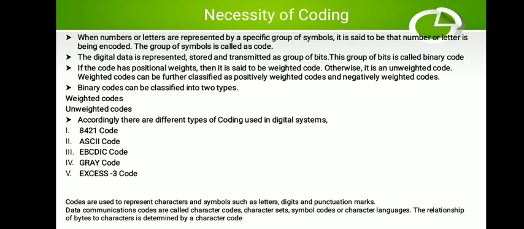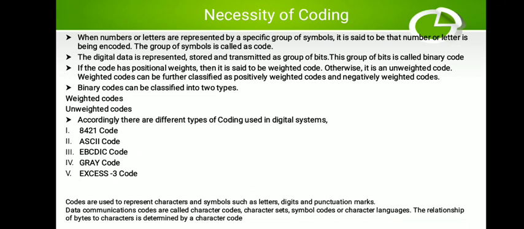Now for a binary code, or a binary bit, each binary bit will have some weight assigned to it. We have seen the weights assigned starting from the LSB. Each digit is assigned a weight which is a power of the base. So when it is a binary number, what will the weight be? The weights will be 2 raised to 0, 2 raised to 1, 2 raised to 2 and so on.